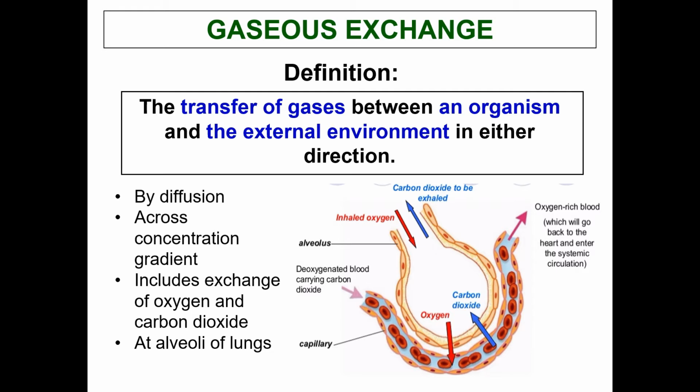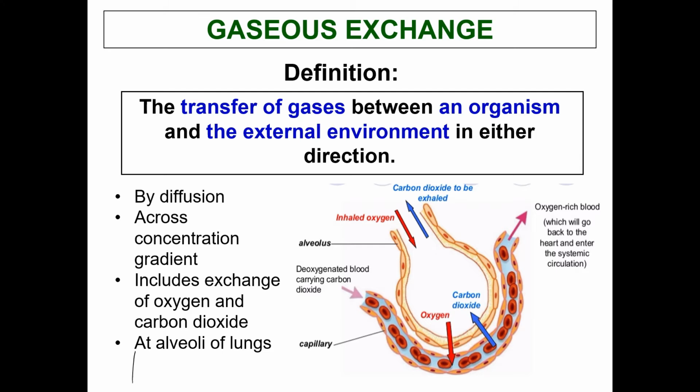In this chapter, we are going to specifically discuss the exchange between oxygen and carbon dioxide. The gas exchange process occurs in the alveoli of the lungs.